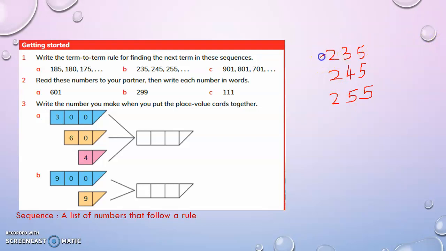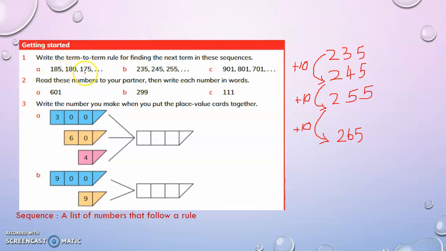Yes, you can see 235 to 245, that is, it increased by 10. Similarly, you get the next term by adding 10. So the term to term rule is increase by 10. So what will the next term be? 255 plus 10. What will be the number when you add 10 to this? It will be 265. So the next term in the sequence is 265.